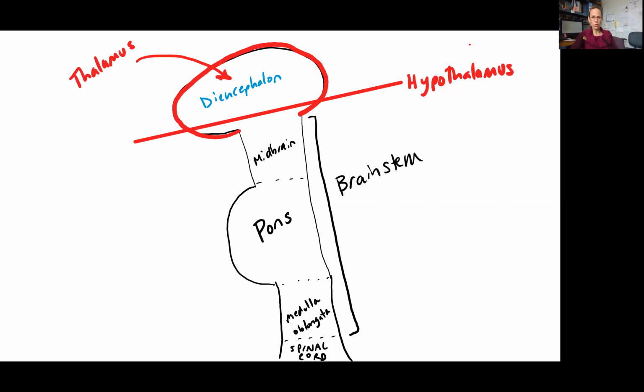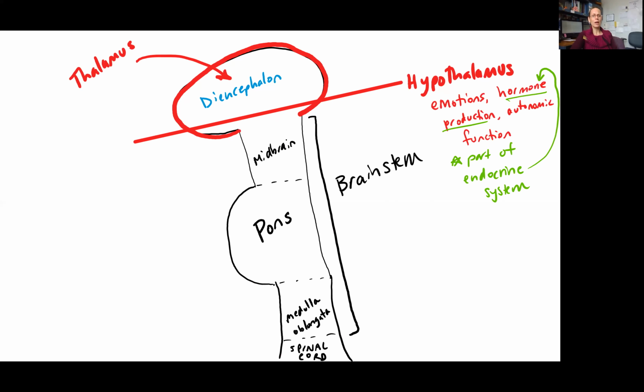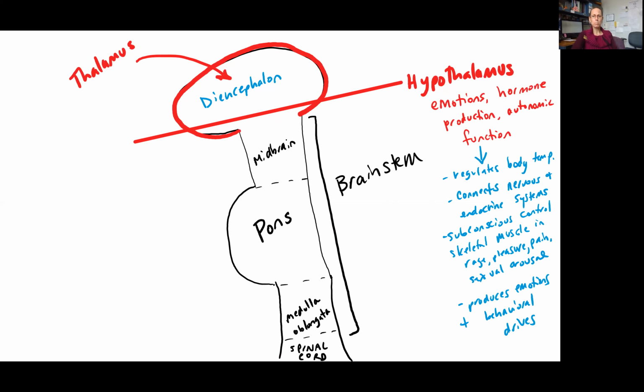It does consist of neurons, but it also can be classified as part of the endocrine system. So what we'll see is the hypothalamus is going to be important in releasing hormones that can then have effects on emotion and also help to regulate autonomic functions.